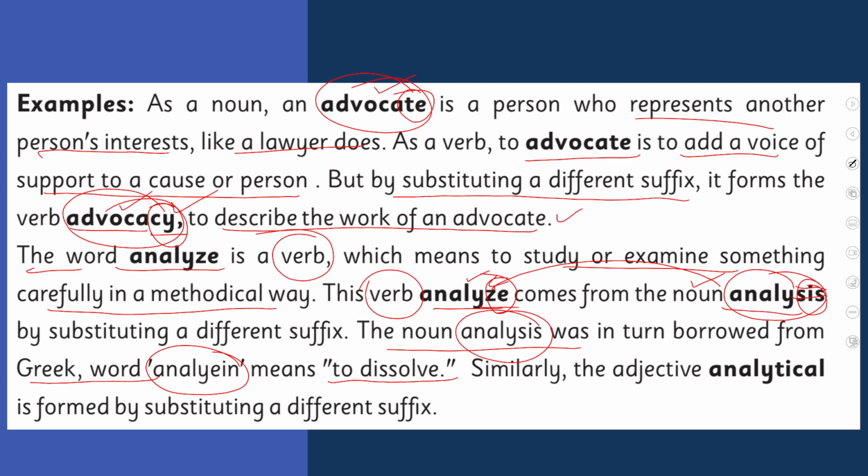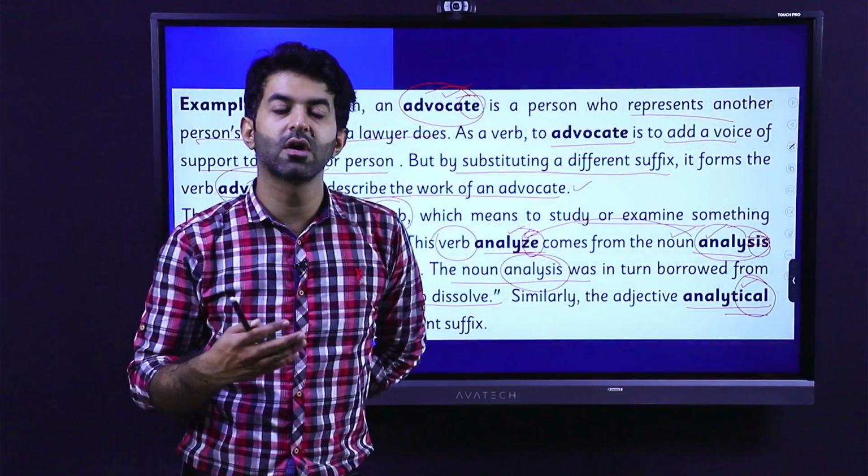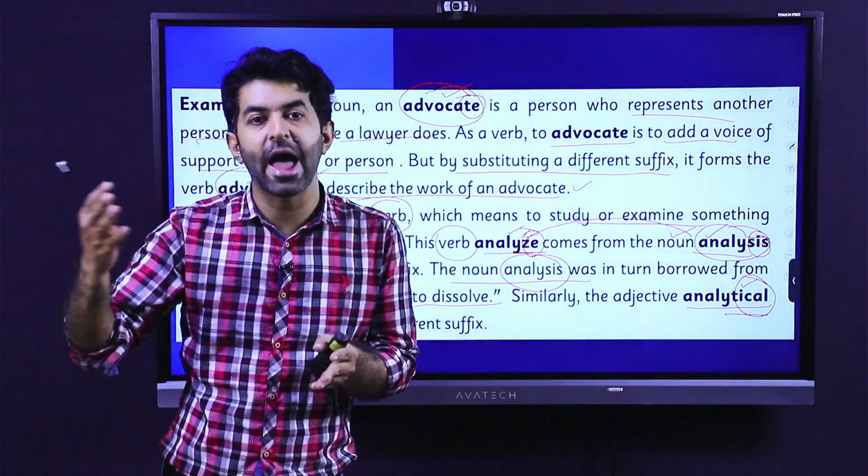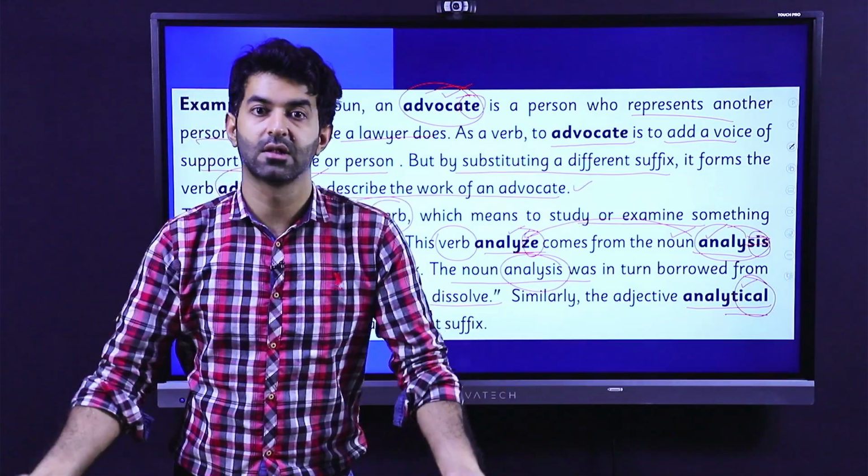Similarly, the adjective analytical is formed by substituting a different suffix. So, let's say we have the noun analysis. If we want to use it as an adjective, as a quality, it becomes analytical. This suffix, tical, T-I-C-A-L, makes our root word, the noun analysis, into the adjective analytical.